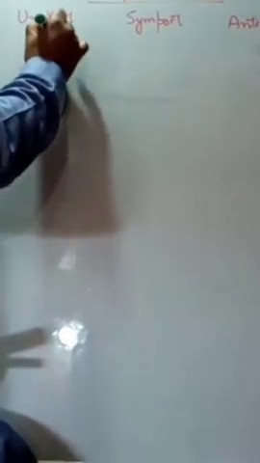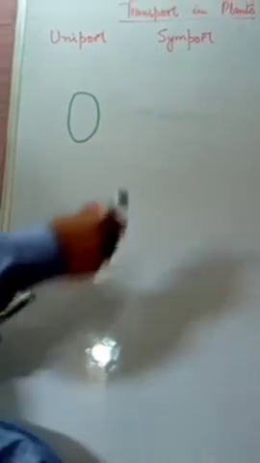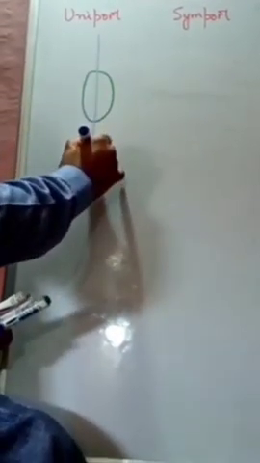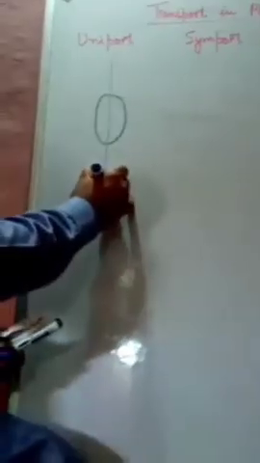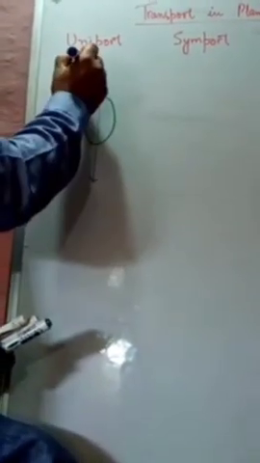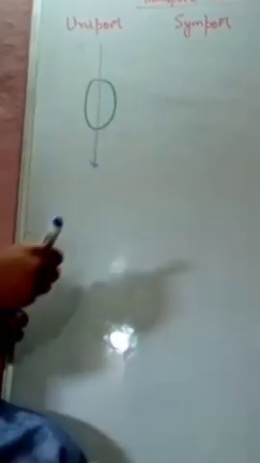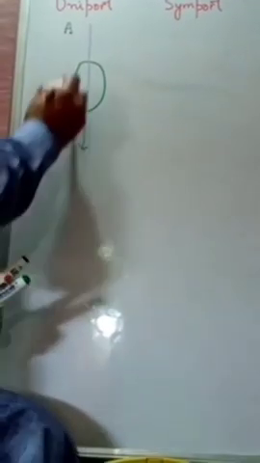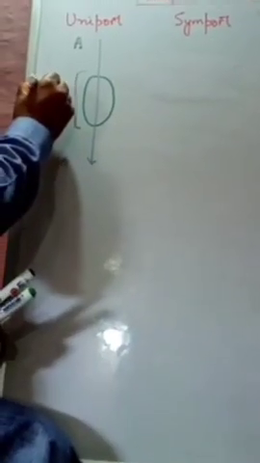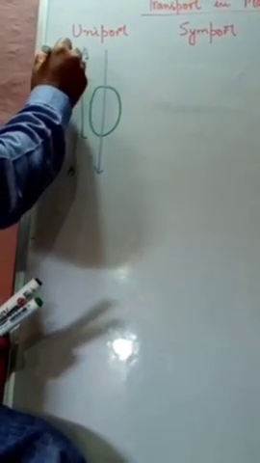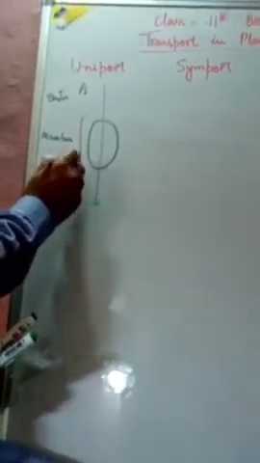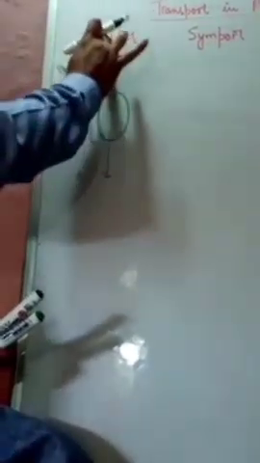Here again, suppose this is the protein carrier. The direction of transportation is only in one direction. It takes only one particle, only one molecule, that is this particle A, the molecule A. It is taken from this side to this side, and this is the membrane, this is the outer part, this is the inner part, in only one direction, from this to this.